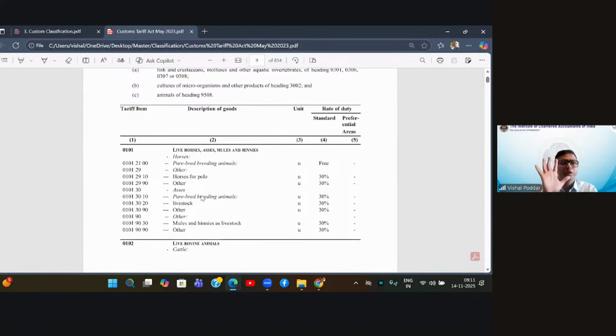See, this is how classification appears. You remember we studied 5 columns in the previous chapter. First is the HSN, the other is the description, third is the unit, fourth standard rate, fifth preferential rate. Now this whole chapter that we are studying is how the HSN looks, how every chapter will look.